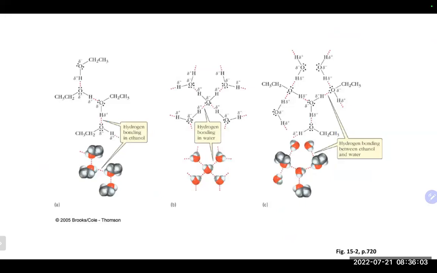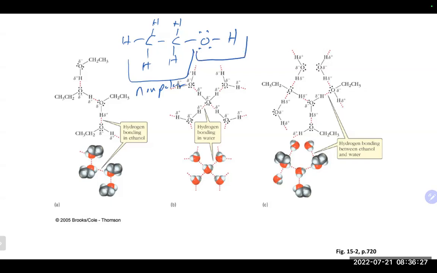So here is ethanol, which is an organic compound, and a lot of organic compounds, although they do have parts that are pretty much non-polar, they do possess a part that is polar. So if you look at something like this guy, which is ethanol, in this picture, this part here is really non-polar.